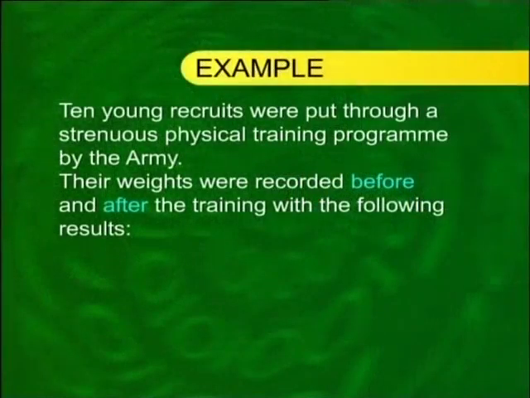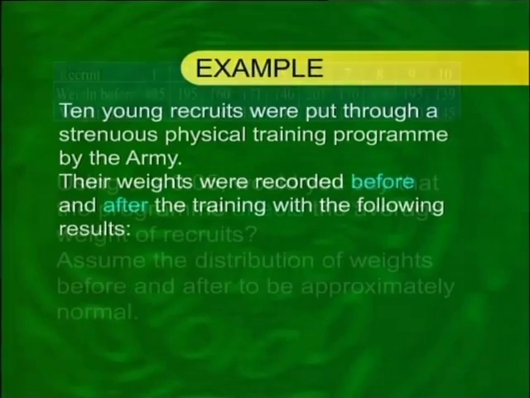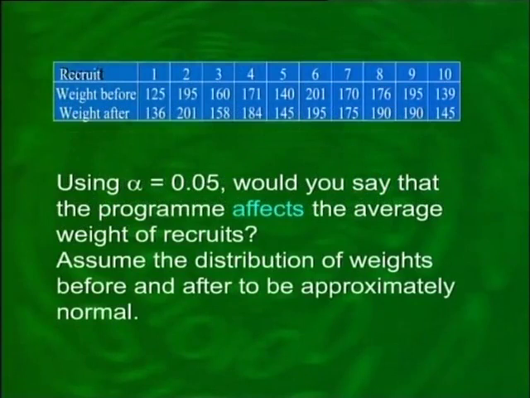As you now see on the screen, 10 young recruits were put through a strenuous physical training program by the Army. Their weights were recorded before and after the training with the following results. For recruit number 1, the weight before the training was 125 pounds, whereas after the training it was 136 pounds.